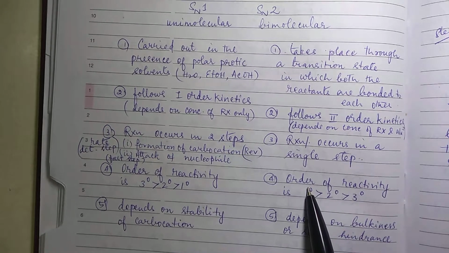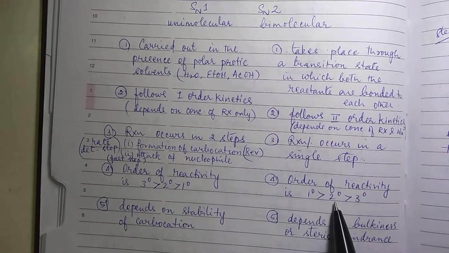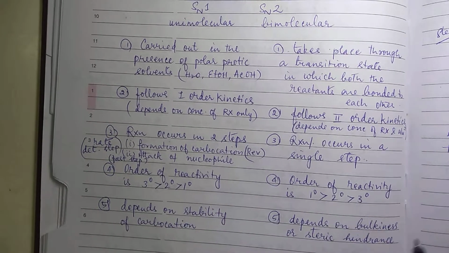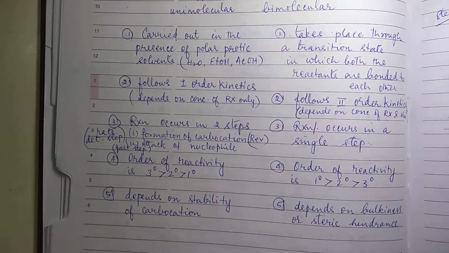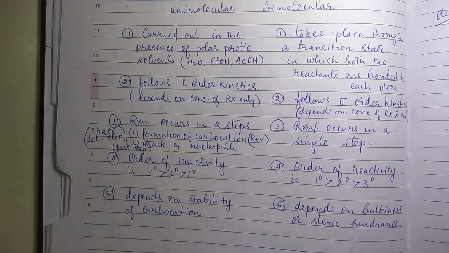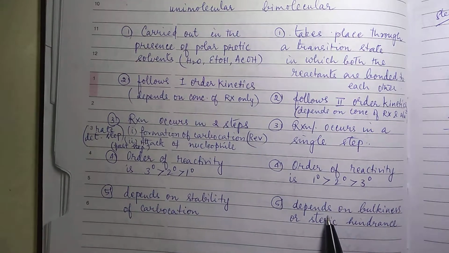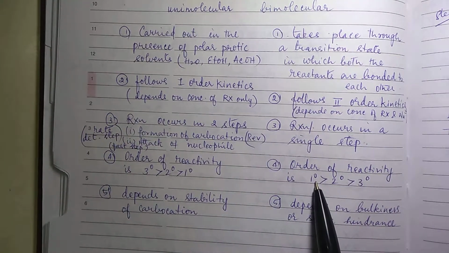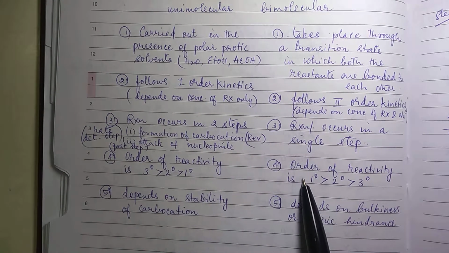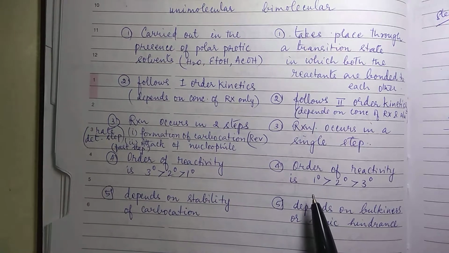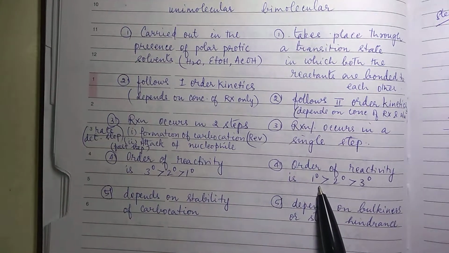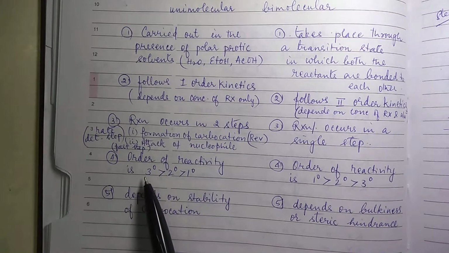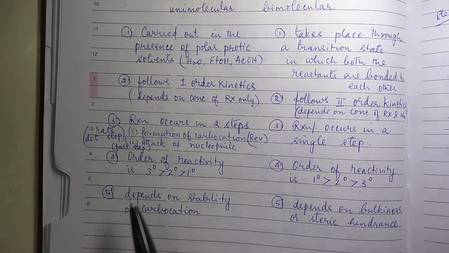Whereas in the case of SN2, the order of reactivity is primary greater than secondary greater than tertiary, because SN2 reaction is based on steric hindrance, bulkiness. That is why primary is more reactive in SN2. In primary there is least steric hindrance, that is why the reactivity is more. Whereas in SN1 it is tertiary because it is based on the stability of carbocation. So tertiary has greater reactivity.